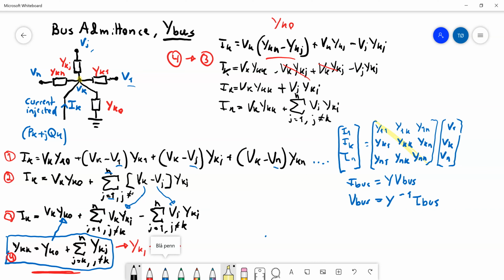And many elements in this matrix are 0, since every node is only connected to a few other nodes. We are seldom talking about the current flow; we're more talking about the power flow equations. So this is important. And we also call this the compact form of the matrix form above.